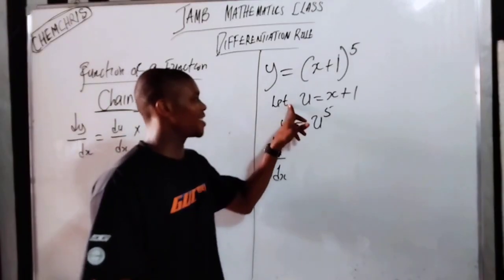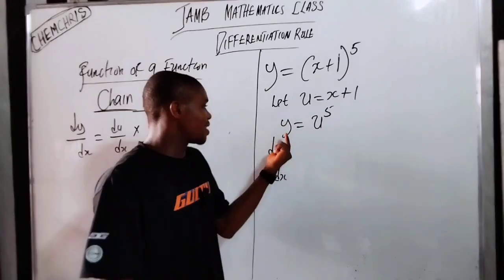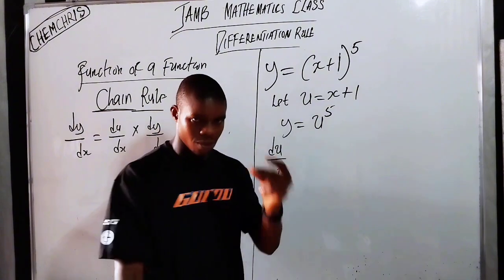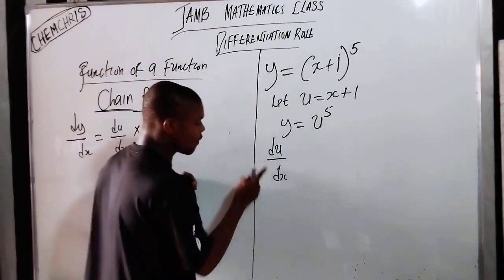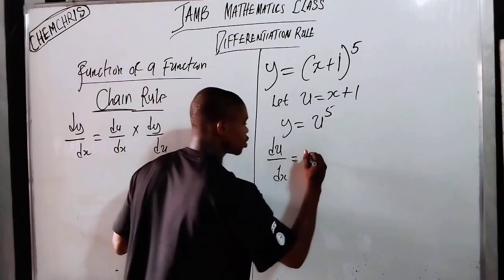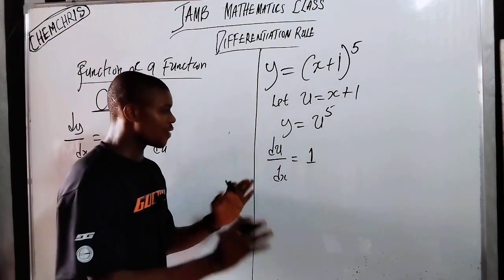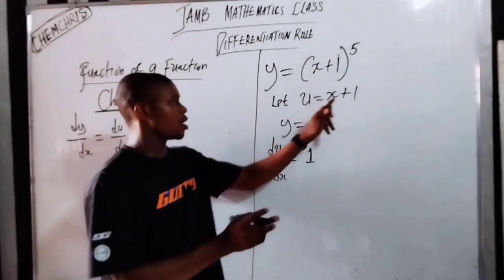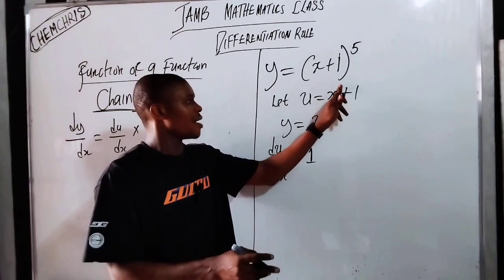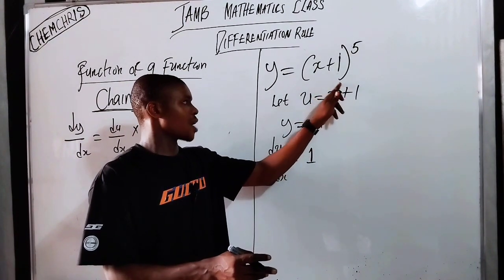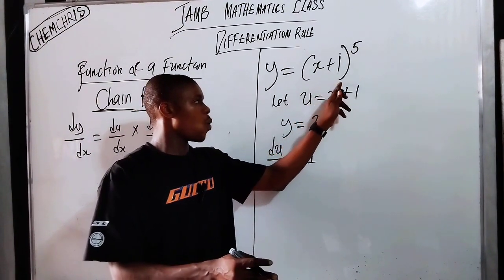I'm differentiating u with respect to x, and I'm differentiating y with respect to u. Do you understand? So du over dx is what? It's going to be 1. Because if you differentiate x plus 1, the x gives 1 and the constant 1 gives 0, so you get 1.